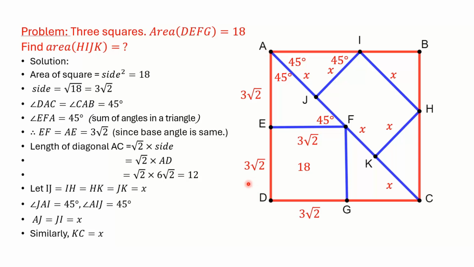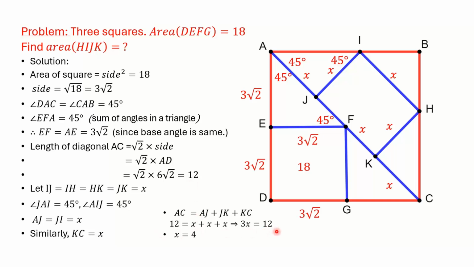So now I can say AC is equal to AJ plus JK plus KC, and all are equal to x, that is AJ is x, JK is x and KC is also equal to x. So this is 3x, and we know AC is equal to 12 unit. So 3x is equal to 12.